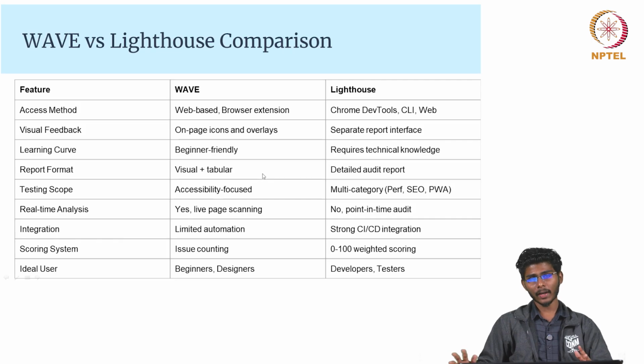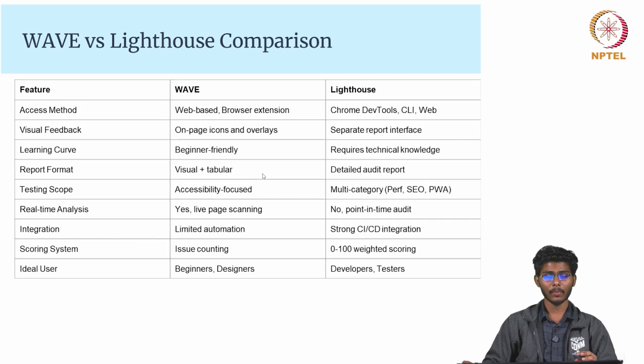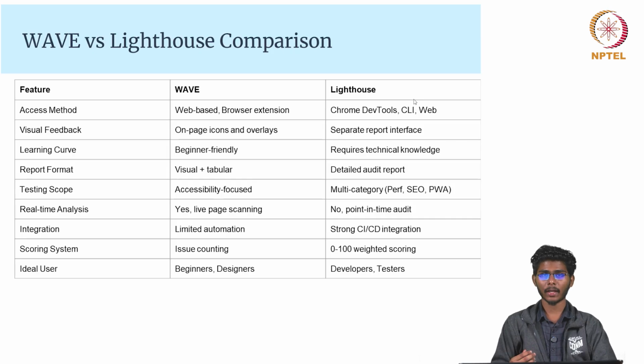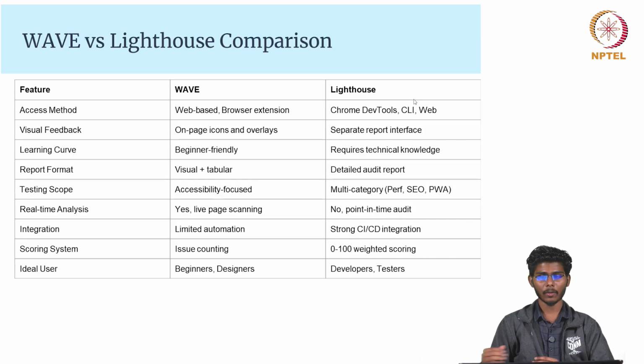So what differs between the WAVE tool and the Lighthouse tool? WAVE can be used by two methods, web based and browser extension, but Lighthouse can be implemented in several ways, like the Chrome DevTools, or you can go to pagespeed.web.dev and give the URL of the website, and it will generate the report automatically.